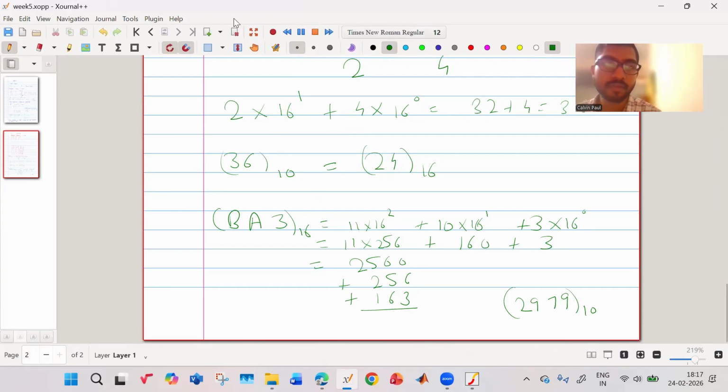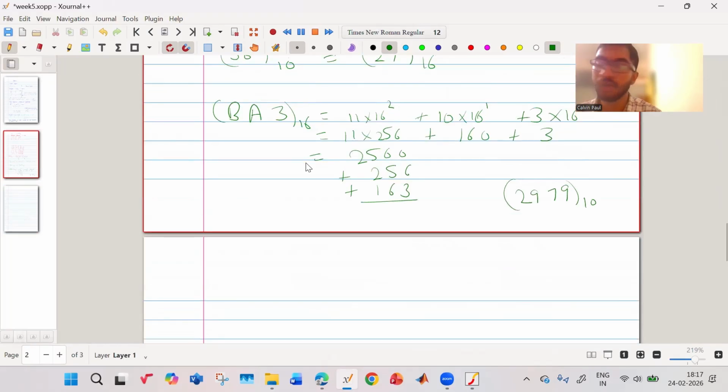Now, you are told you have to convert this to binary. It is very difficult to convert 2979 to binary, but you already have the hexadecimal representation.